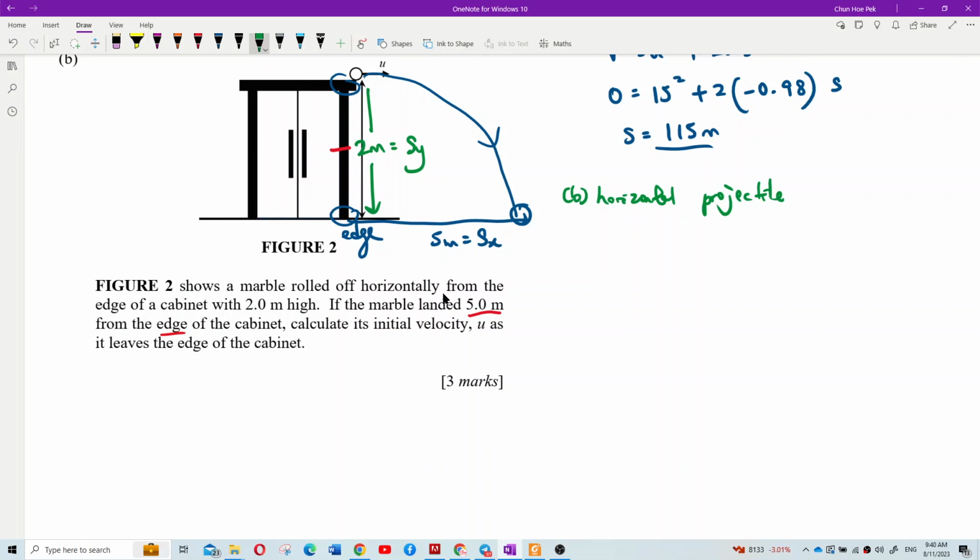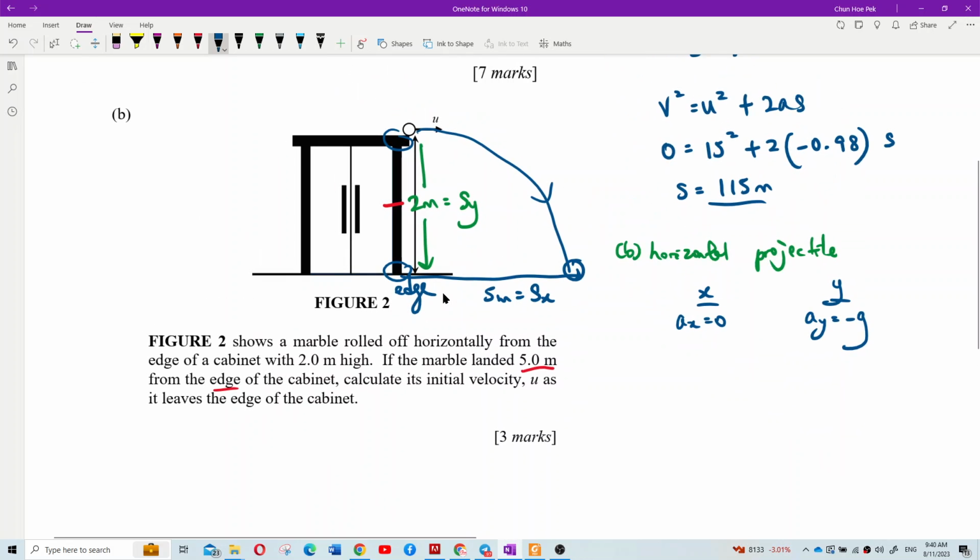So horizontal projectile, x, y. For first, ax is 0, right? Ay is negative g. Correct or not, class? This one you must know.